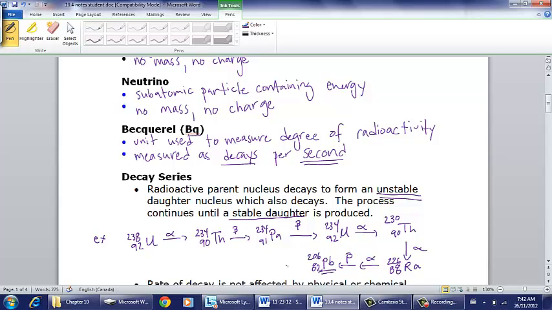This is stable, so the decay series will stop here.